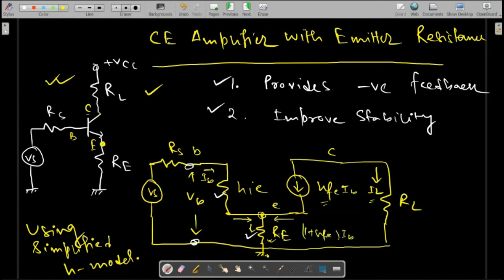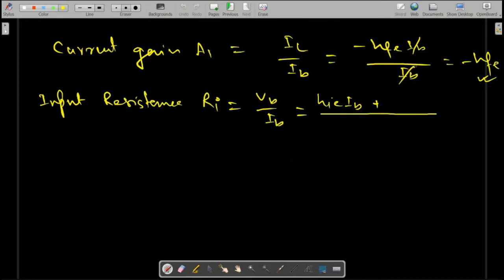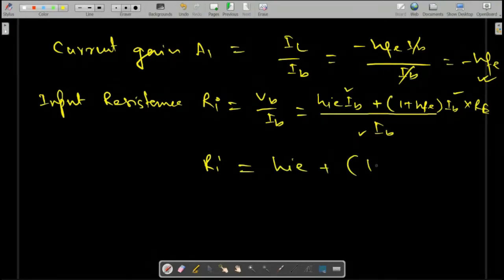The total current flowing through RE gives (1 plus HFE) IB times RE, divided by IB. Since we have IB in the denominator, we can take IB common. So ultimately the RI value we get is HIE plus (1 plus HFE) times RE.